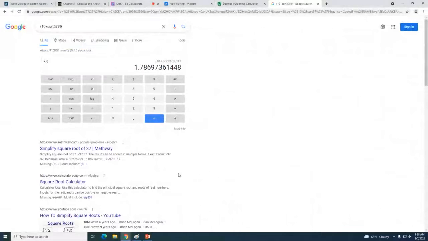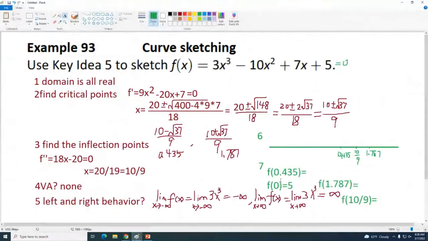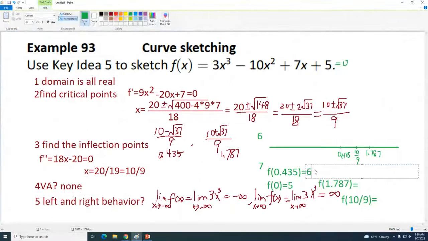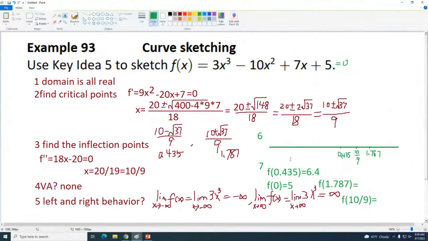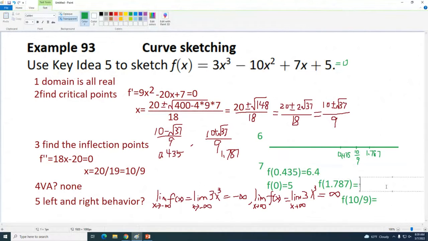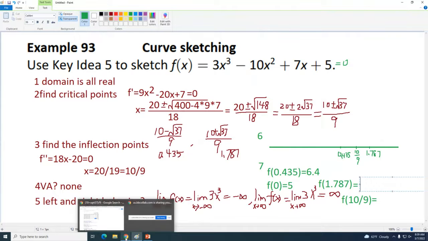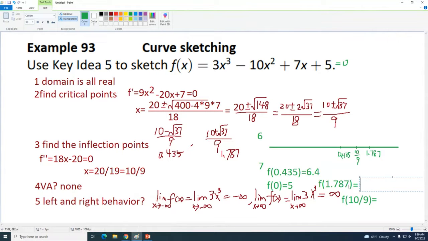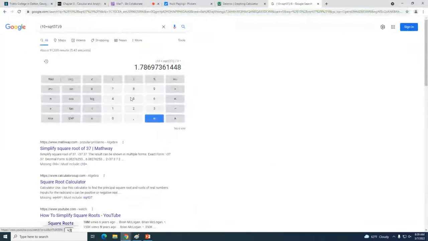First one was about 6.4. Okay, thank you. 6.4. All right, and what about this one? All right.